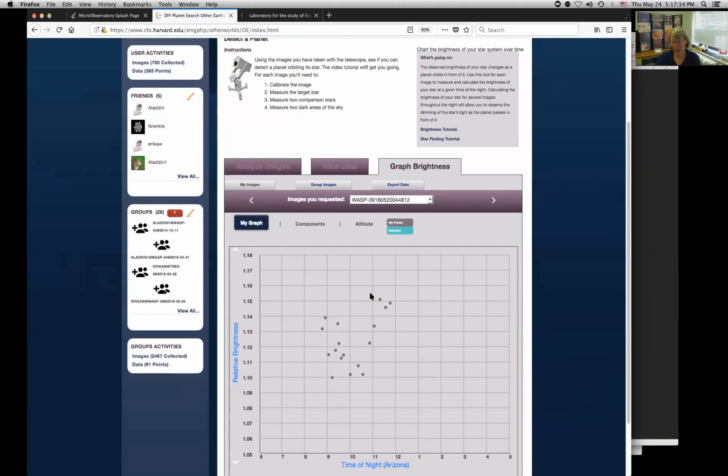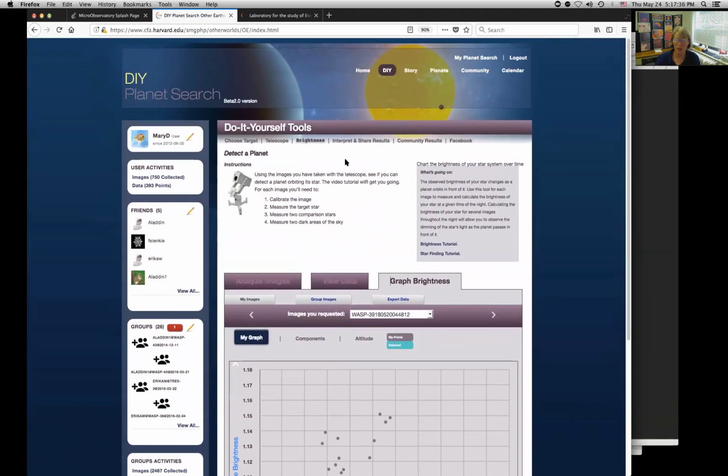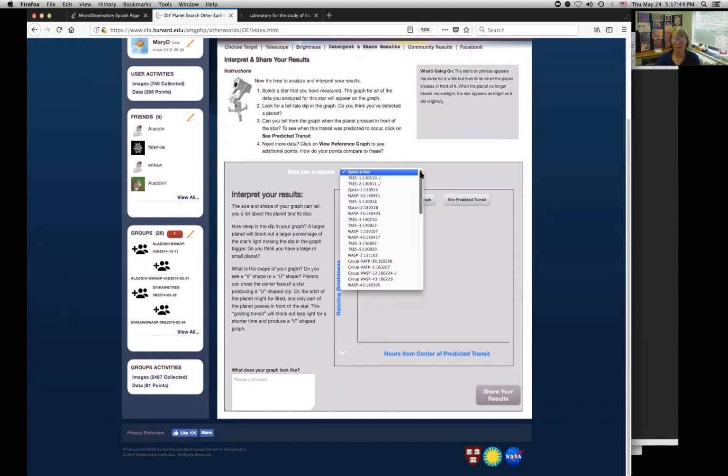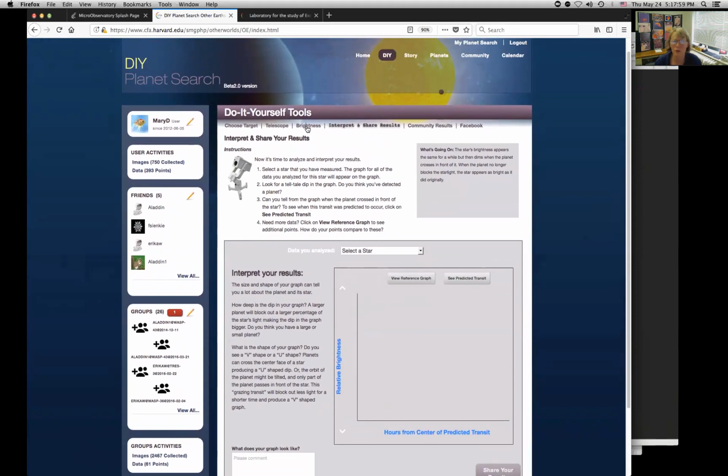One way I can see if my data makes sense is if I go to interpret and share results. So I'm going to go to that, and I'm going to select my star WASP 39. Where is it? Why is it not loading? Let me go back.